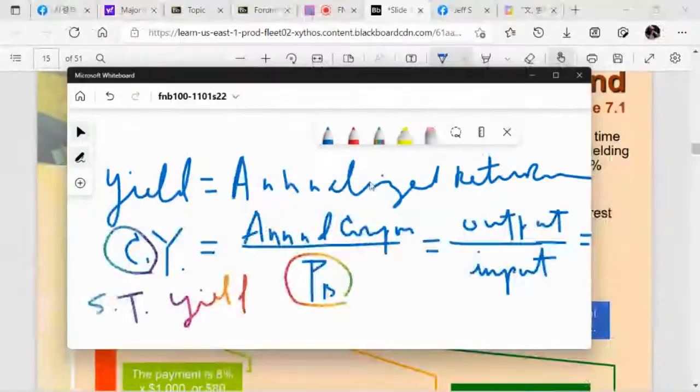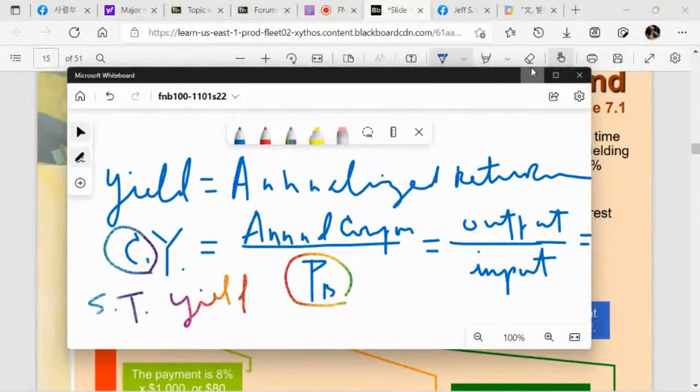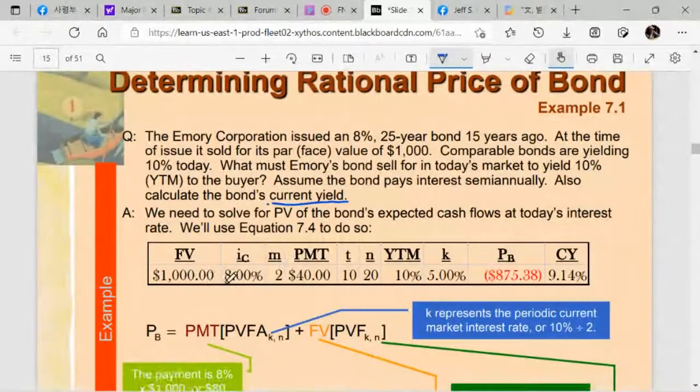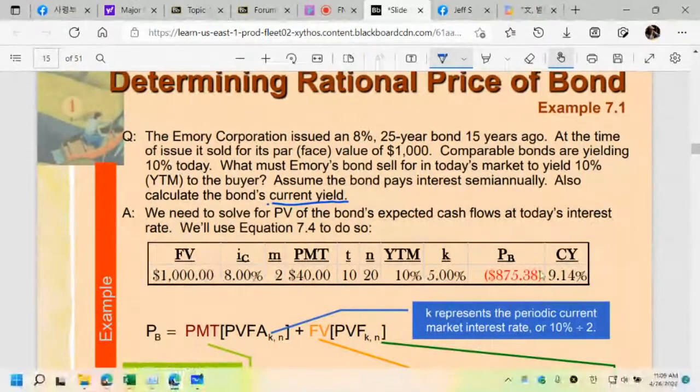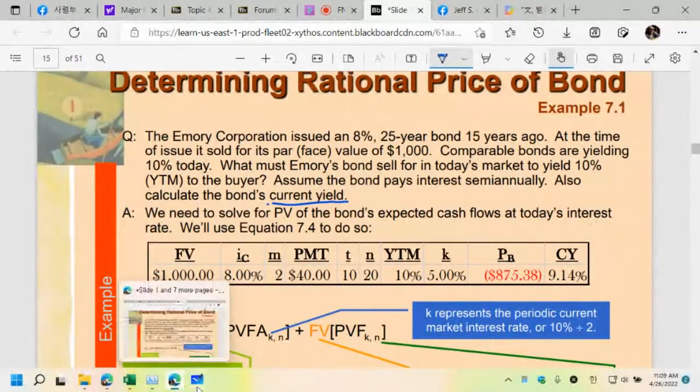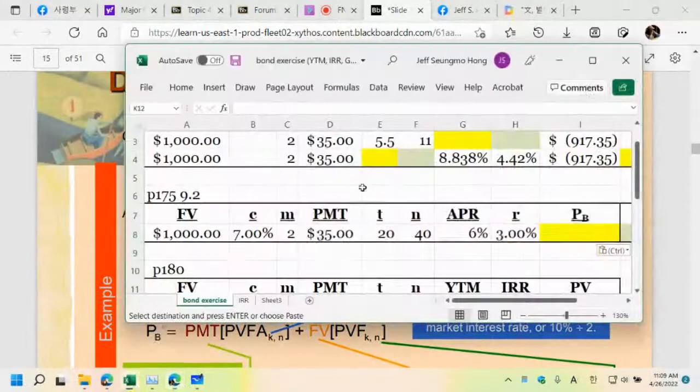So according to that, and we did this in the last class, the annual coupon will be $80 because the coupon rate is 8%, and currently the market price is this, right? So 80 divided by this.